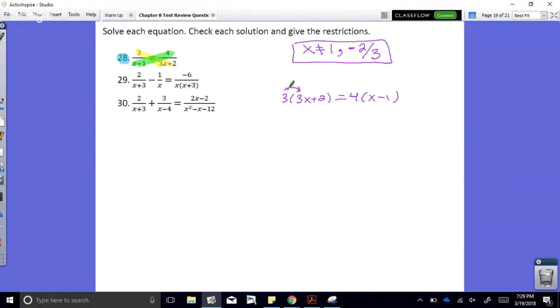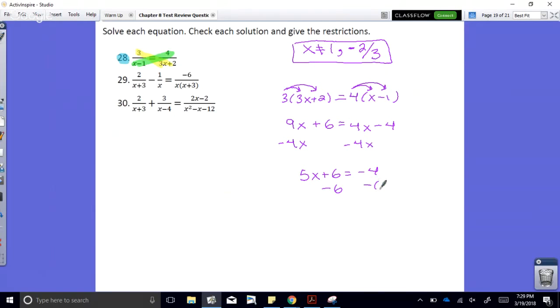So I've got 3 times 3x, which is 9x. 3 times 2, which is 6. On the other side, 4 times 4x and 4 times negative 1. So 4x minus 4. I'm going to subtract 4x from both sides, which gives me 5x plus 6 equal to negative 4.